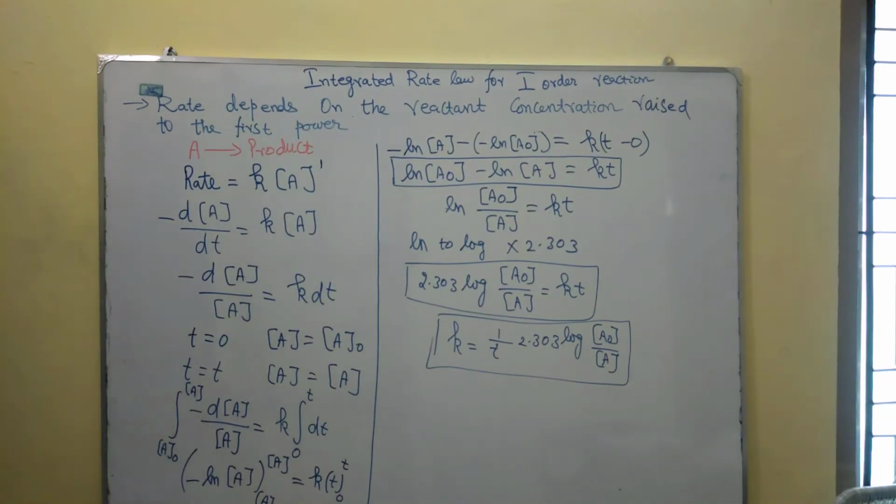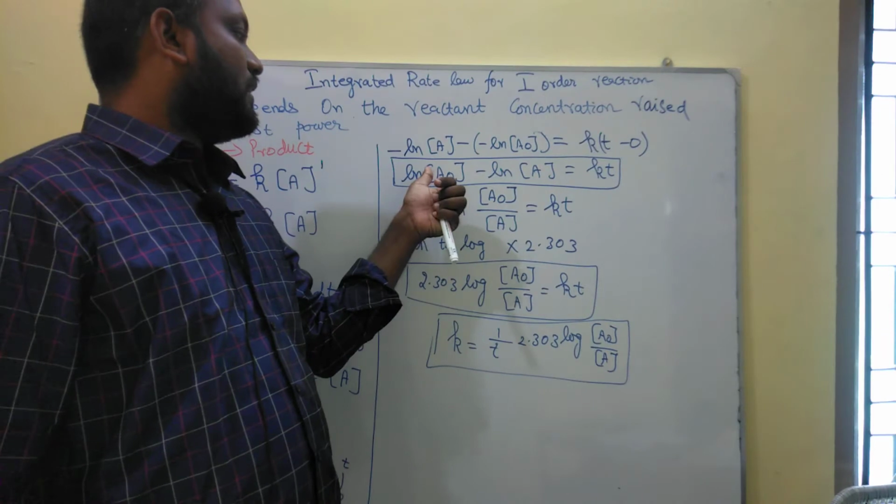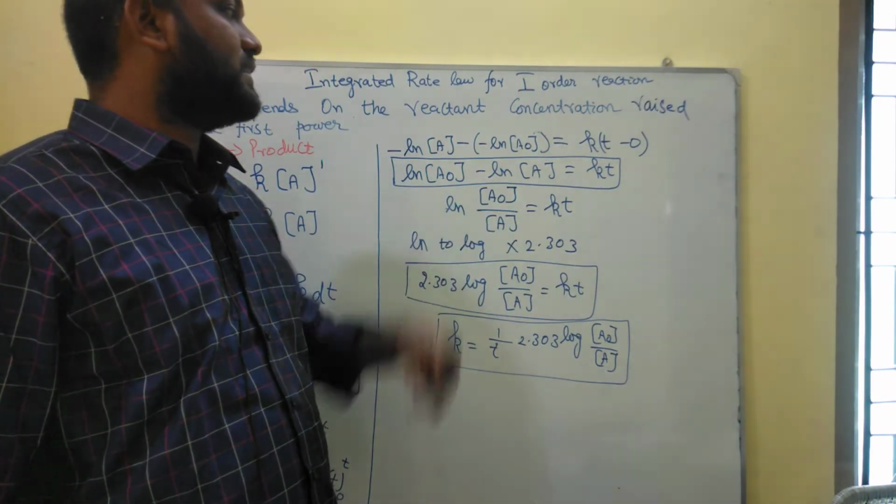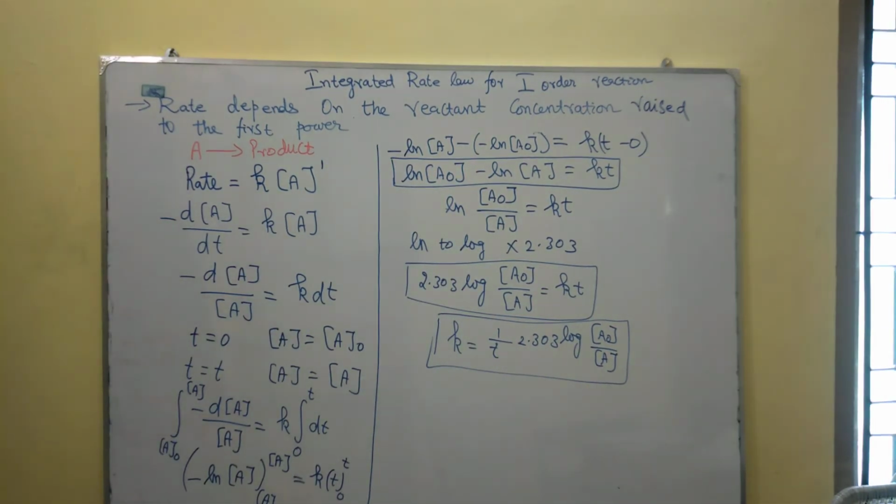If we draw a graph for this, we have the logarithmic form equation ln A0 minus ln A is equal to kt. So we have to rearrange this equation, and we will have the graphical representation for this particular equation.